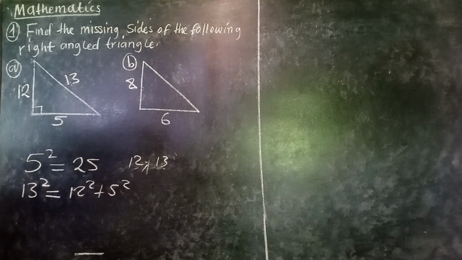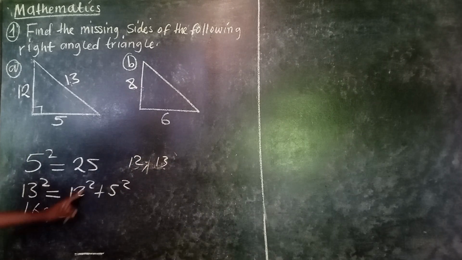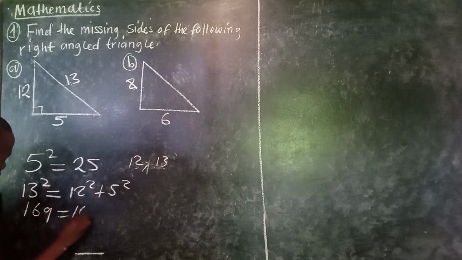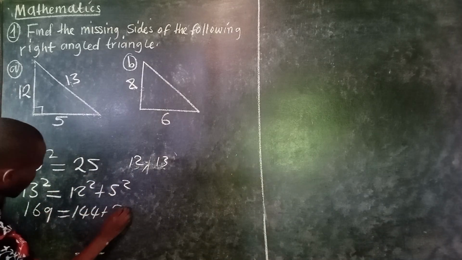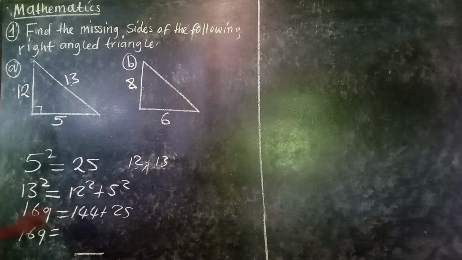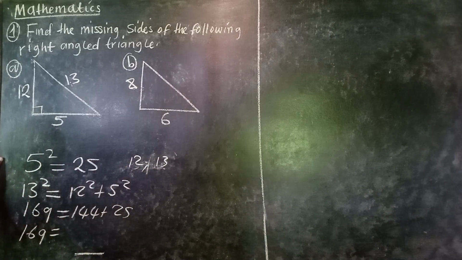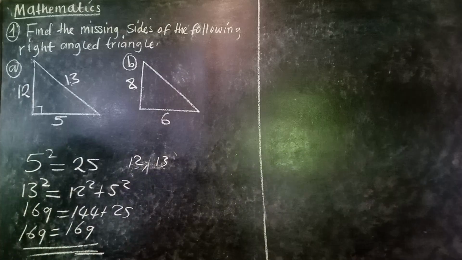Let us prove. Are they going to be equal? 13 squared, the answer is 169. Equals 12 squared is 144, then plus 5 squared is 25. Here we have 169 is equal to 144 plus 25. The answer is 169. Hence, proven.